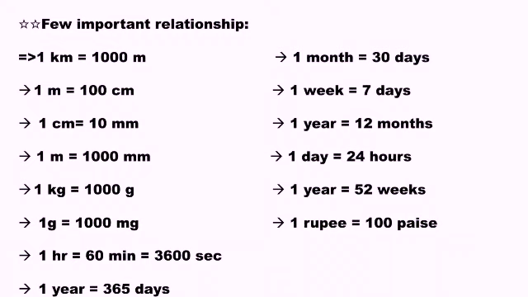Next, time. In the time chapter, we have learned so many units like hour, minute, second, but the standard unit is second. So 1 hour equals 60 minutes equals 3600 seconds. 1 year equals 365 days.